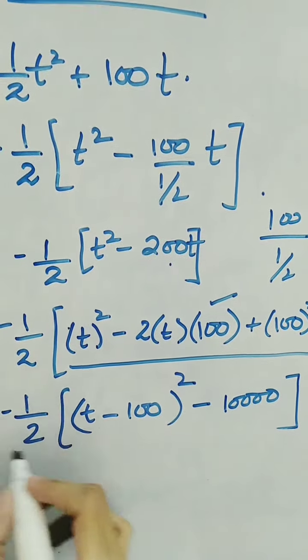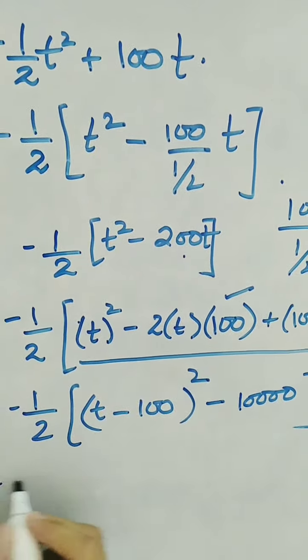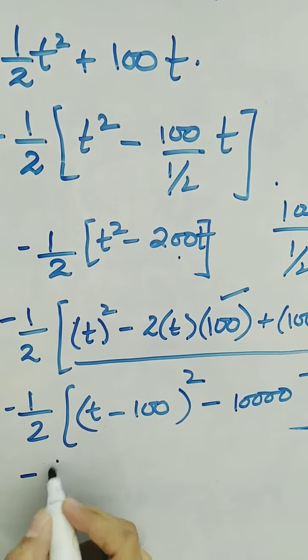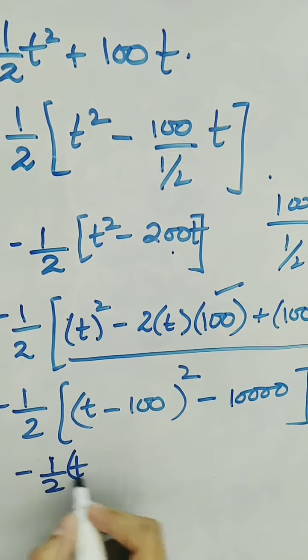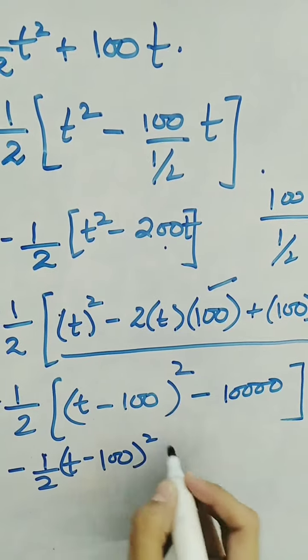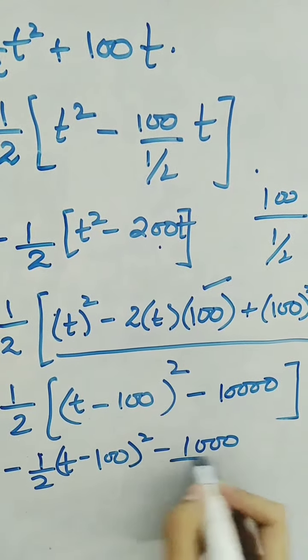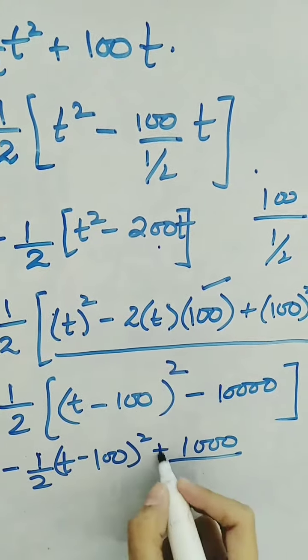Now we multiply this minus half with the bracket, and minus minus is plus.